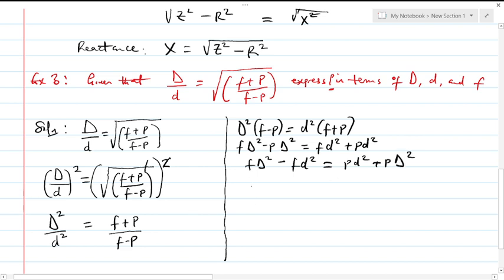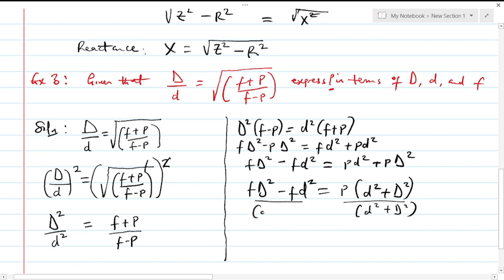What is common to these two terms is p, which we want to make the subject. So we can now divide both sides by the coefficient of p, which is d square plus D square.